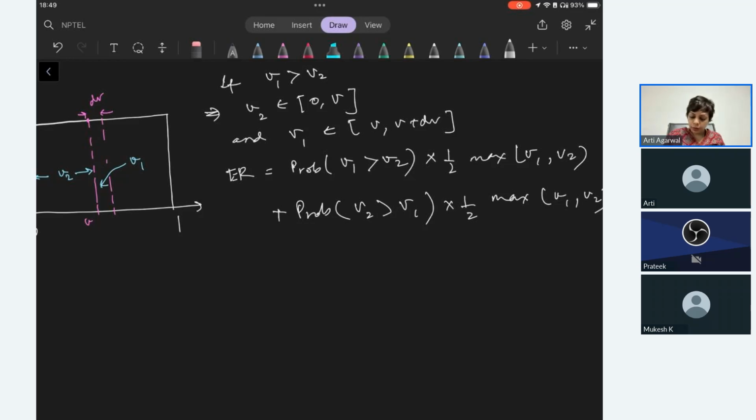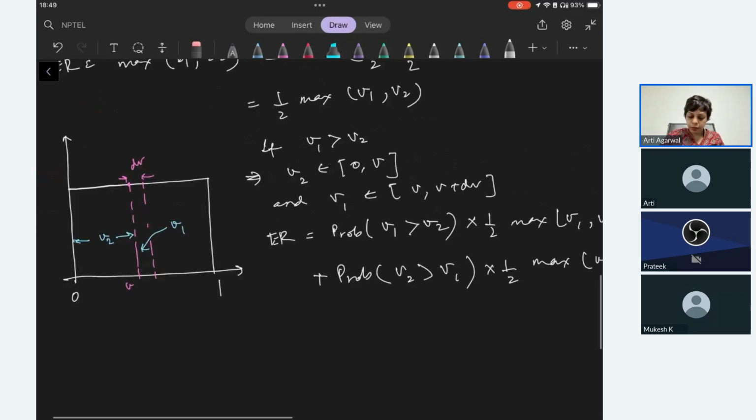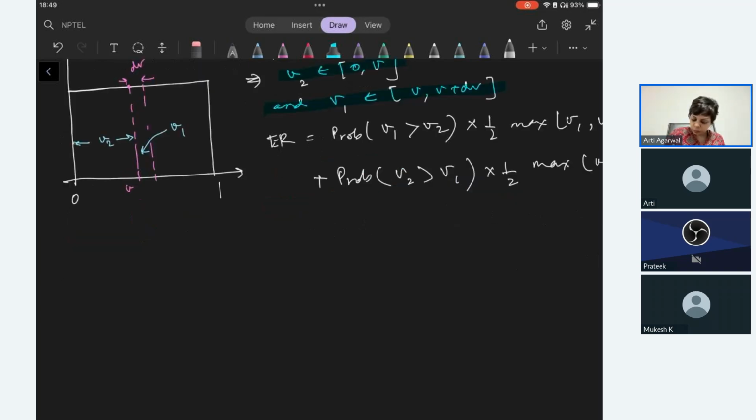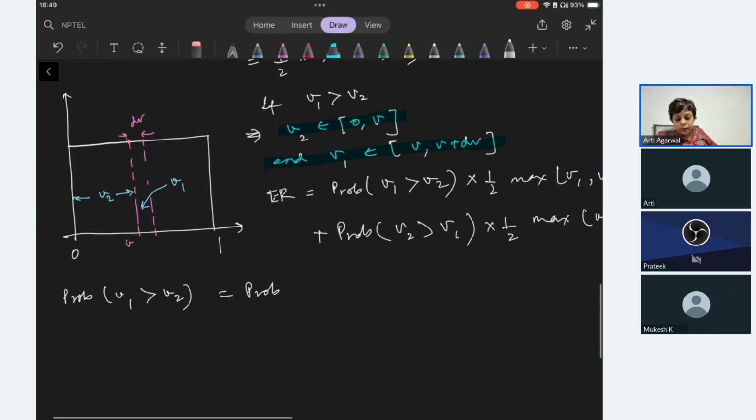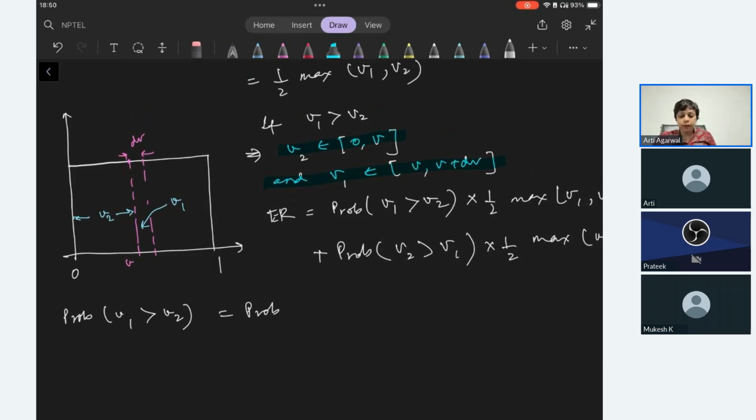Now probability of V1 greater than V2 we just explained over here. This is the whole thing. So let's take the first case, and let's split it up into both the conditions. Look at the highlighted part. When we are saying that V1 is greater than V2, then that means V2 belongs to 0 comma V and V1 belongs to V comma V plus dV.